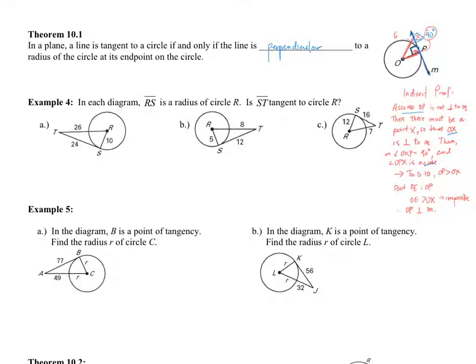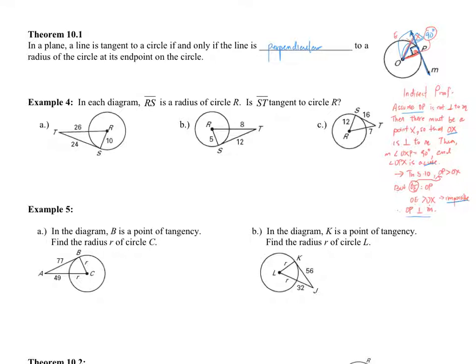And if we substitute OE in for OP, we get OE greater than OX. But how can OE be greater than OX? So that's impossible. Therefore, we can state that OP is perpendicular to line M.